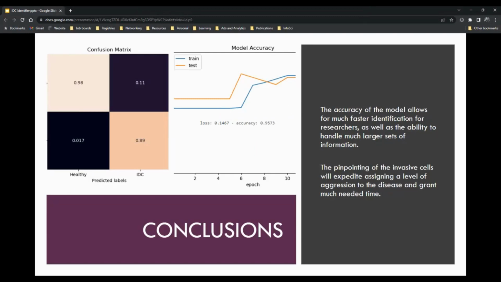For further plans for growth, we're going to use the coordinate system that's built into the file names to build a list of areas where IDC cells are present, using the identification feature within the deep learning network to create a list of where the cells are present and help measure their aggressiveness and guide treatment areas.